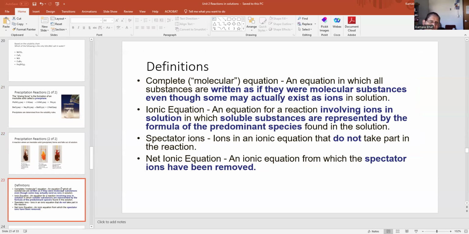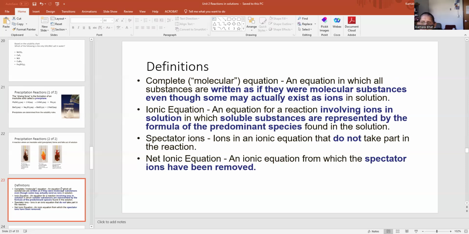Here are some definitions that students must know. Complete molecular equation: an equation in which all substances are written as if they were molecular substances, even though some may actually exist as ions in solution. Ionic equation: an equation for a reaction involving ions in solution in which soluble substances are represented by the formula of the predominant species found in the solution.